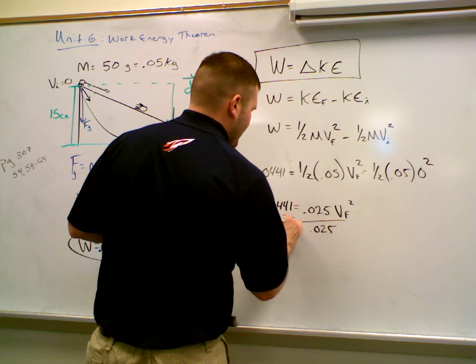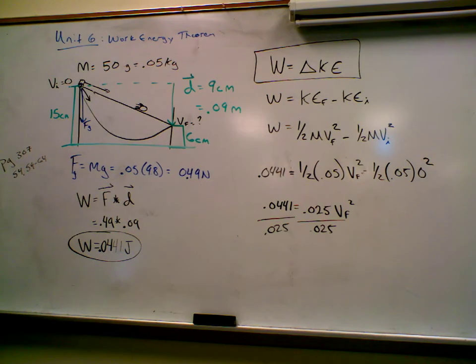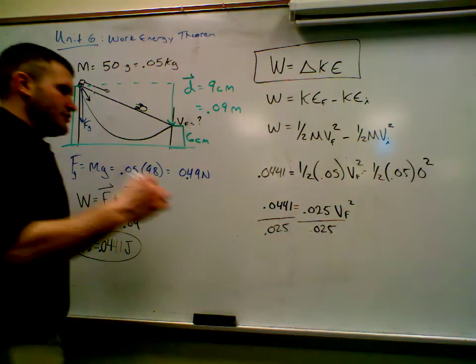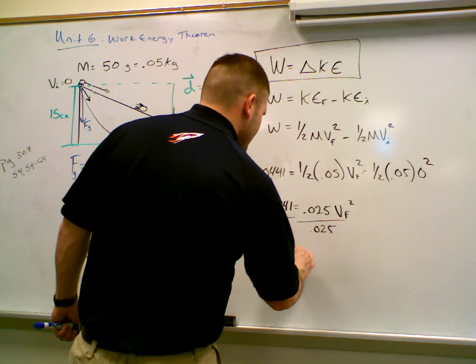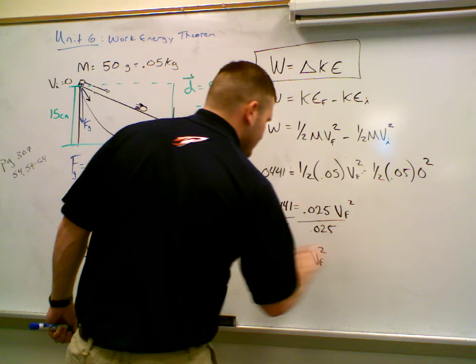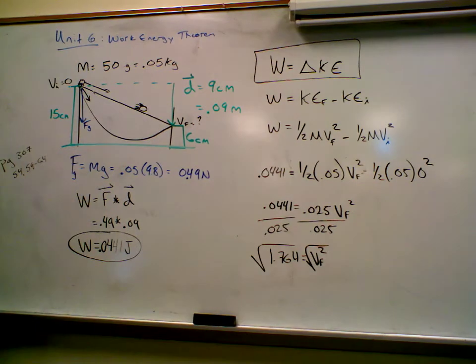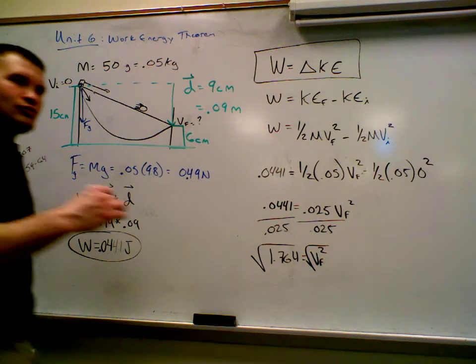Divide by 0.025, right? So 0.0441 divided by 0.025, what do we get? 1.764. So is that their velocity? No, what do we do now? Square root it. Don't forget to square root it. So the square root of 1.764, and I guess it's 1.33, am I right?